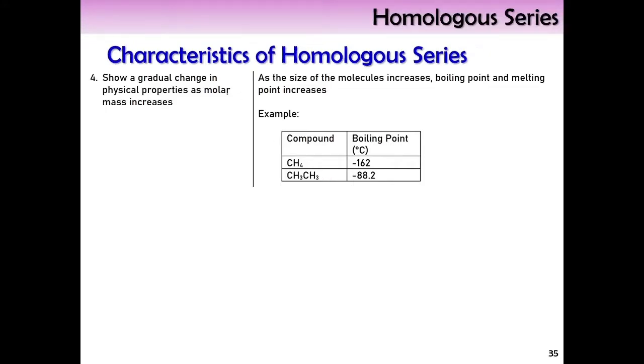It shows a gradual change in physical properties. Like we discussed earlier, the larger the molecule, meaning the larger number of carbon atoms in the compound, the boiling point will increase. So we expect the boiling point to increase.